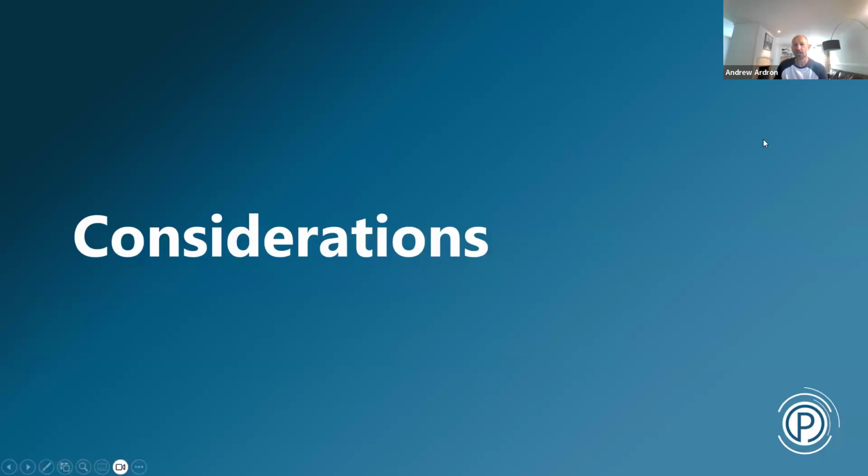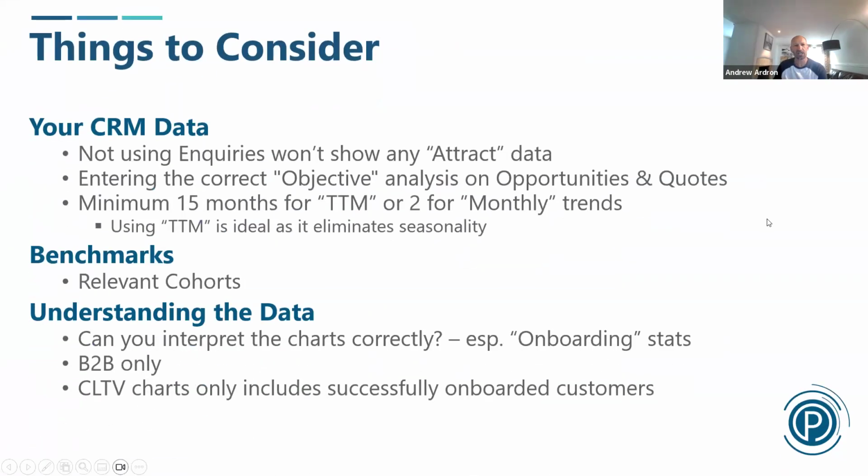Okay, just a couple of things to consider as you get to release 1, 2, 3 and get your hands on the growth engine. Obviously, some of this data relies on your orders and invoices going through Unleashed or Xero, or whatever it is that you're using for your operational side.